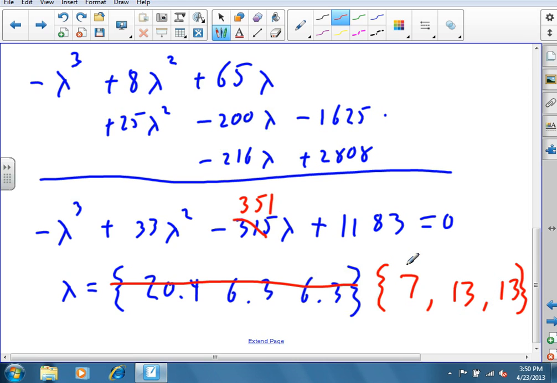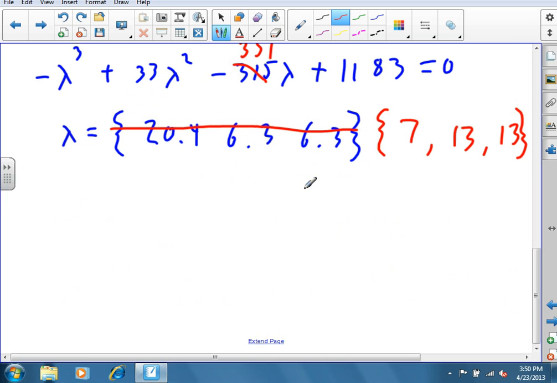I can't even factor 1183. It's not divisible by 2 or 3 or 5. So I would have had to think about 7. Okay, so what we're going to do first is we're going to go case 1. Lambda 1 is equal to 7.